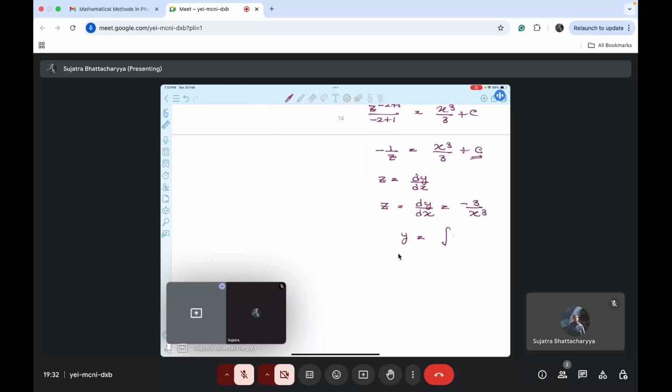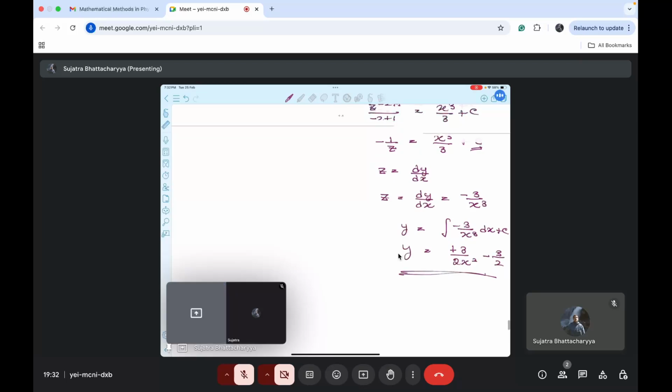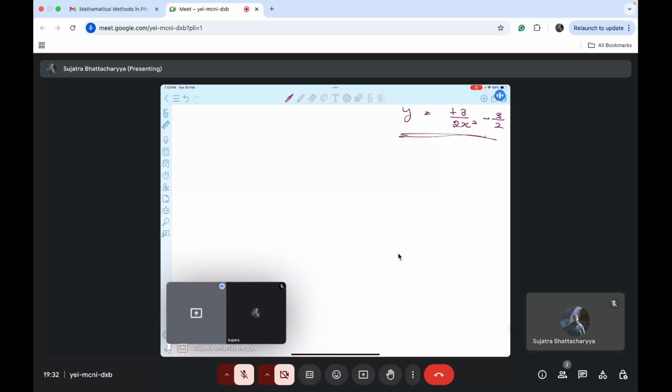So it will be minus 3 by x cubed dx plus c. And so you get plus 3 by 2x square minus 3, something like this. So this is another form of differential equation.